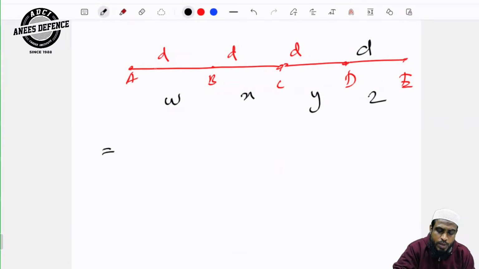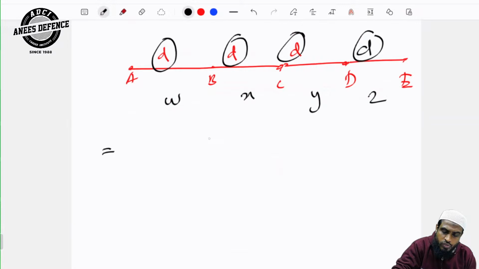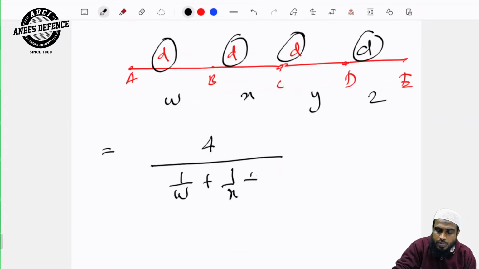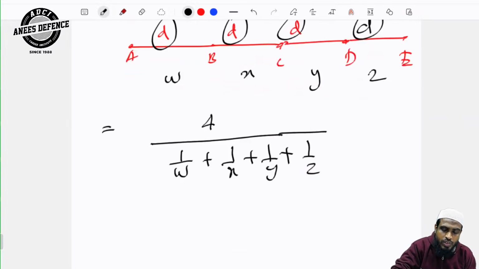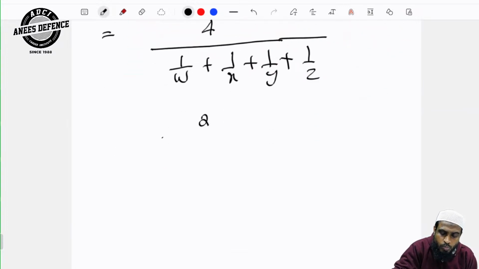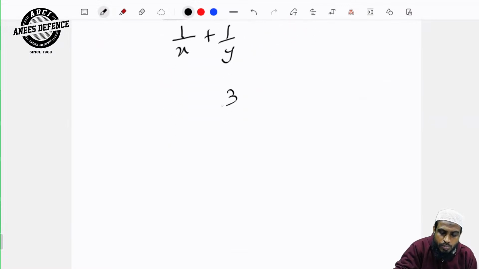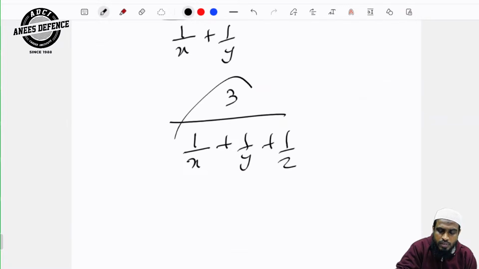How many distances? How many parts? 1, 2, 3, 4. This can be written as 4 divided by 1 by W plus 1 by X plus 1 by Y plus 1 by Z. If two distances are there, you have to put 2 by 1 by X plus 1 by Y. If three distances are there, you can put 3 by 1 by X plus 1 by Y plus 1 by Z. That is the general formula.